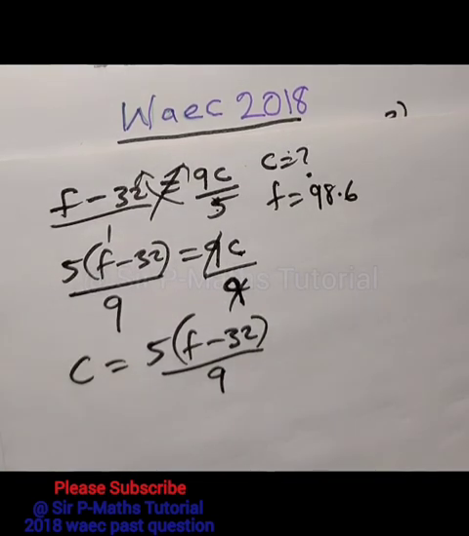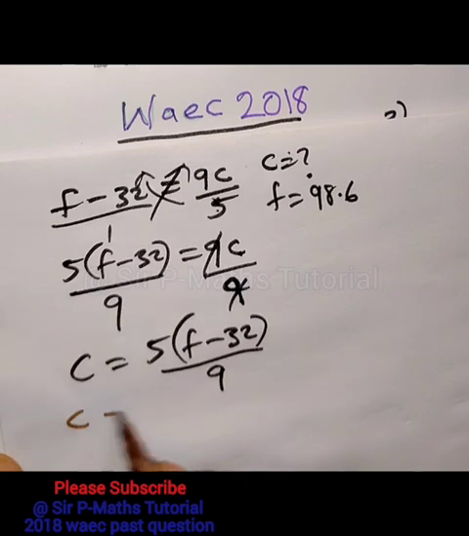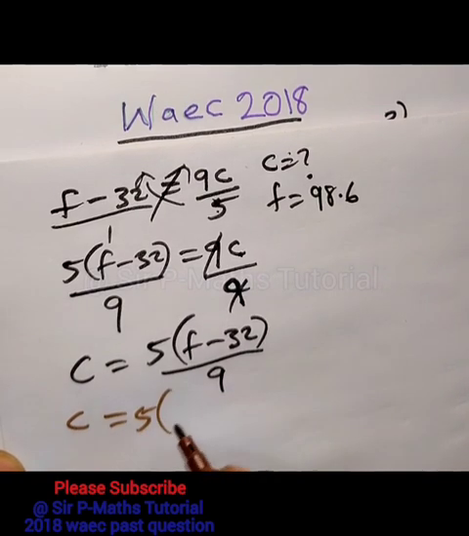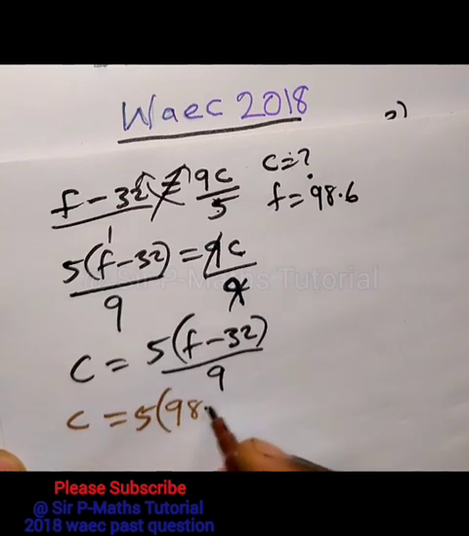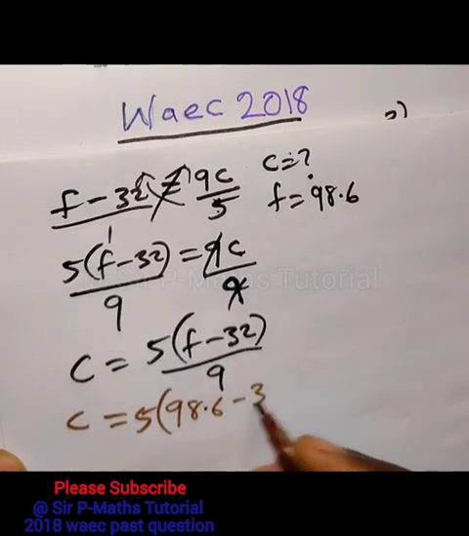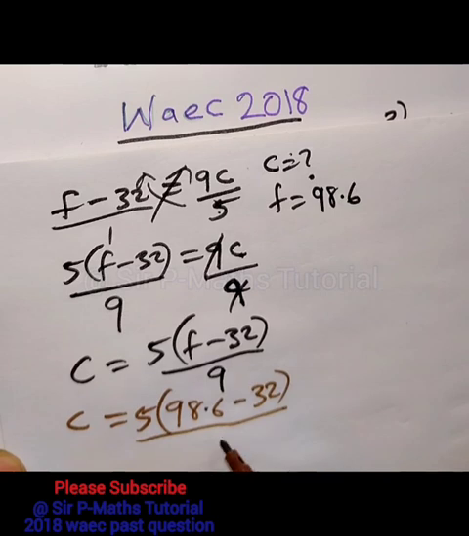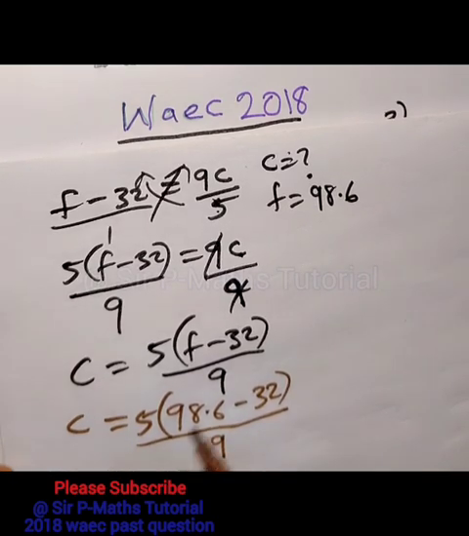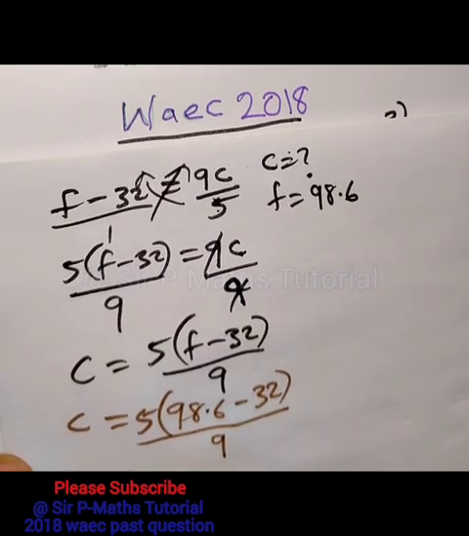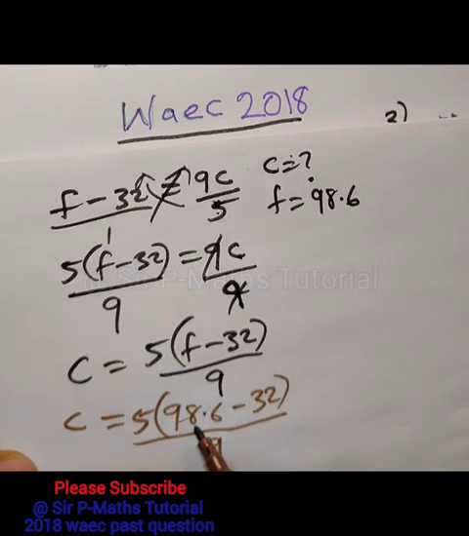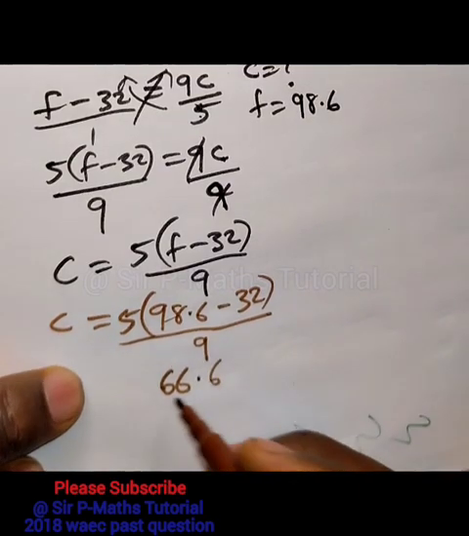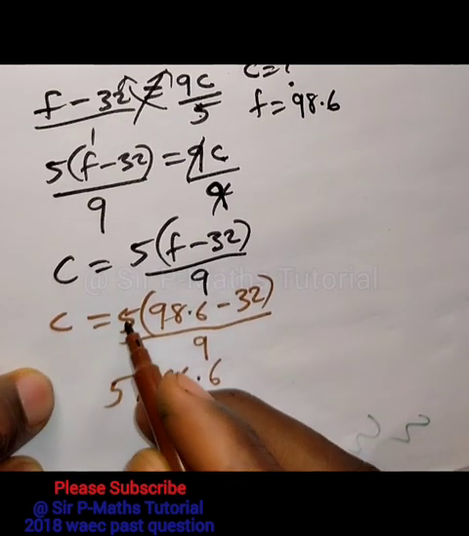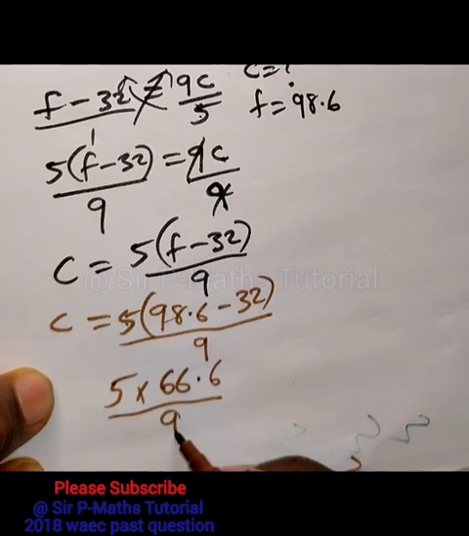Then we substitute. To get my c now, I'll say 5 into my f, which is 98.6, minus 32, all over 9. So we subtract here. 98.6 minus 32 will give me 66.6 times 5 over 9.